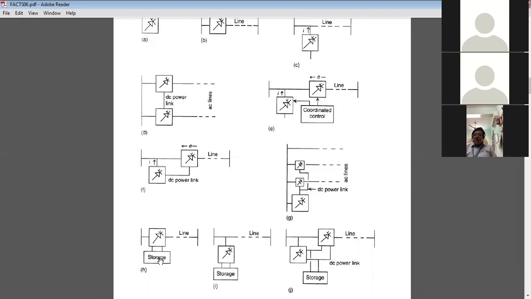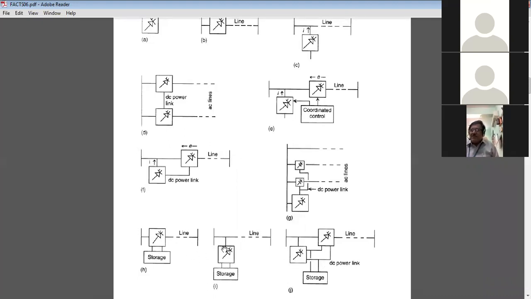Here you can consider a fixed battery, and from this it will convert, whereas in the case of an ordinary CCC or STATCOM, an exchange of real and reactive power will be there, and if it doesn't have storage, then it always draws some real power from the lines to compensate the switching losses and others. But once you have the storage, it will send the extra real power to the mains. So that is the advantage of storage type FACTS controllers.